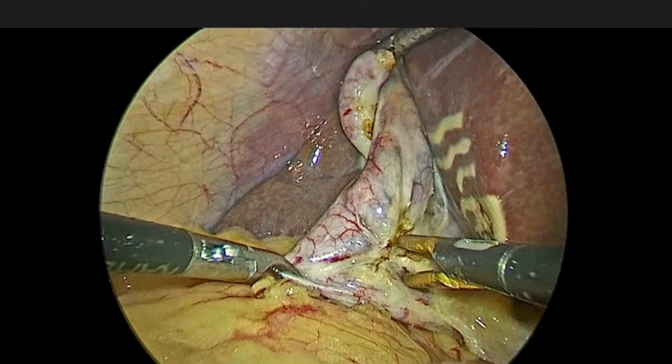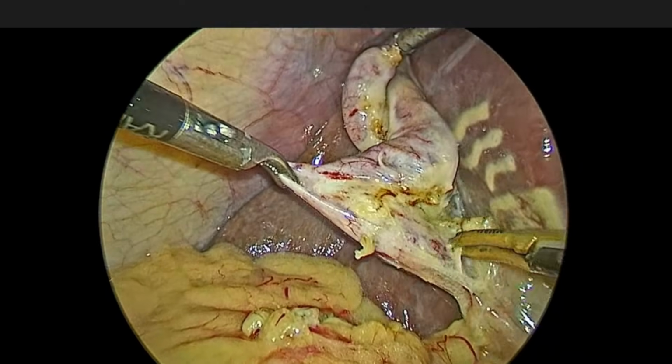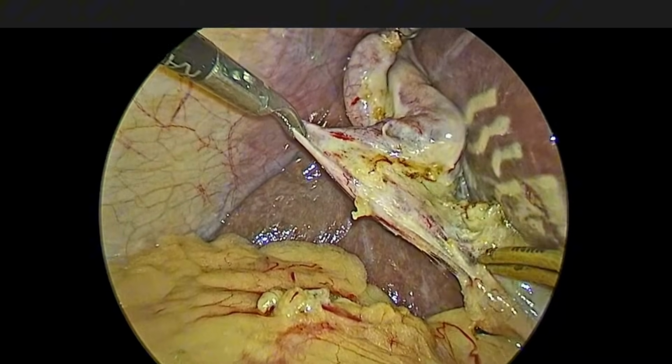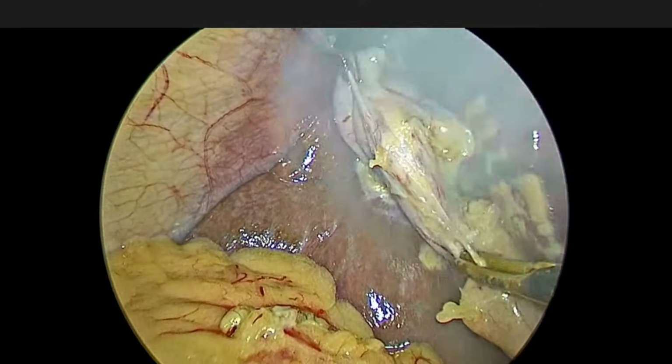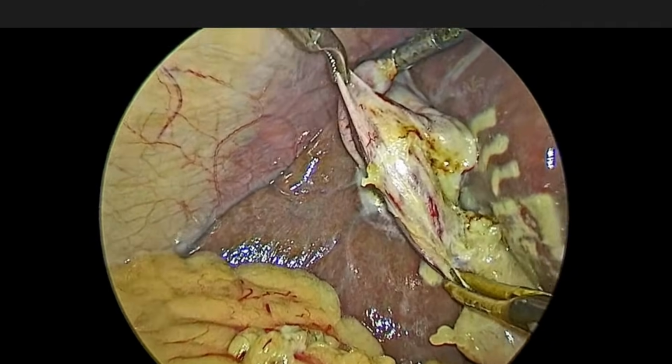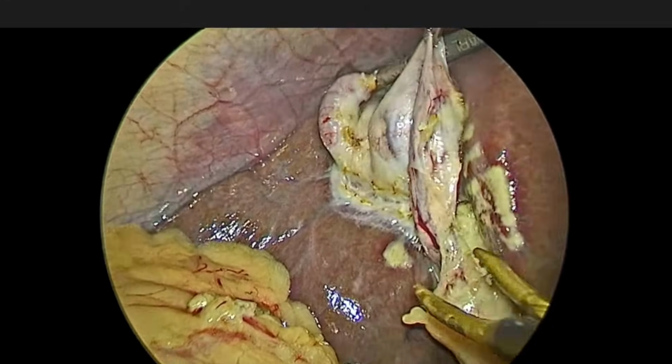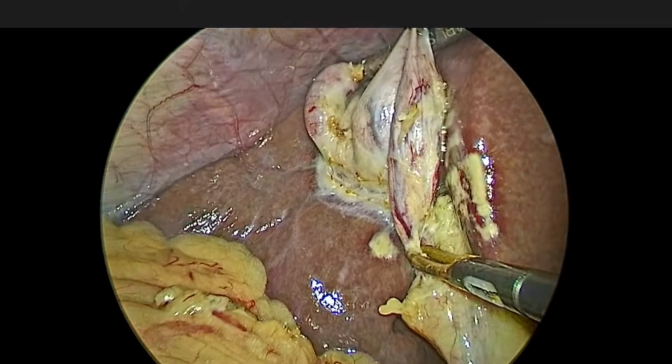Now dividing the artery on the gallbladder wall. Expecting the cystic duct somewhere here.